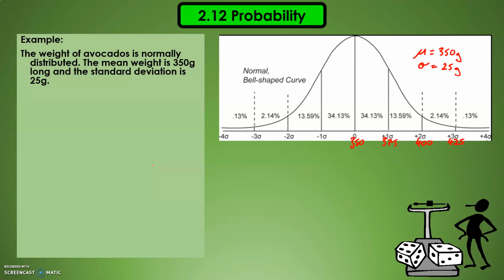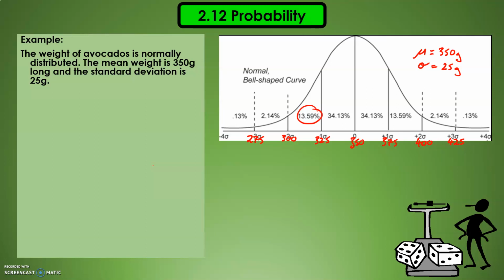Now working the other way, I take away a standard deviation, so it's 325. Take away another 25 for two standard deviations below, so that would give us 300, and then 275 would be three standard deviations below. What that gives us the ability to do is say, in this group of avocados, we would expect 13% of them to be between 300 and 325 grams.